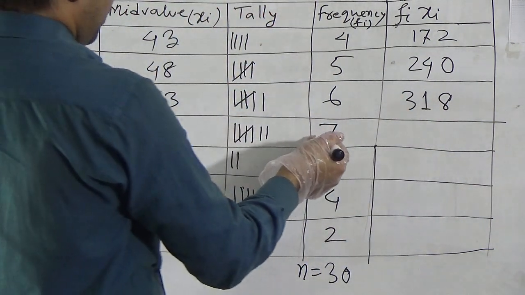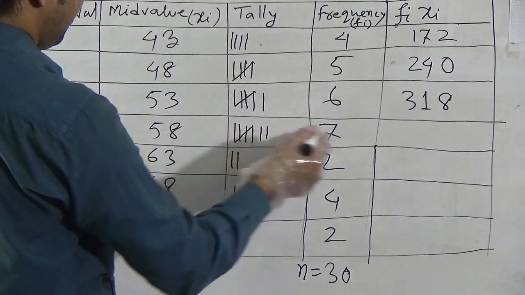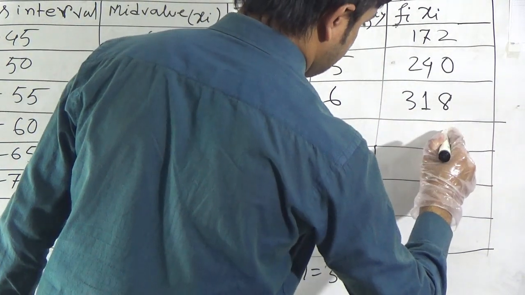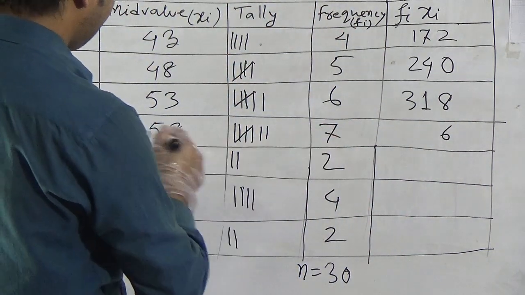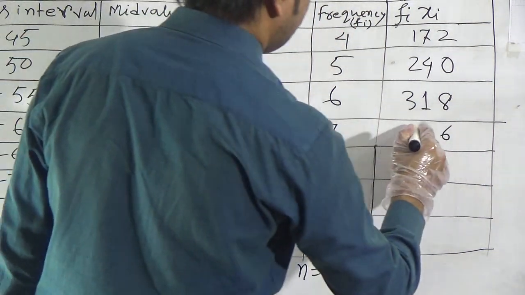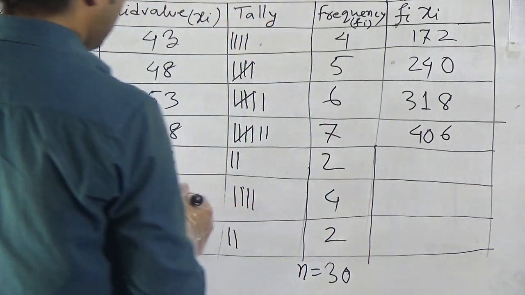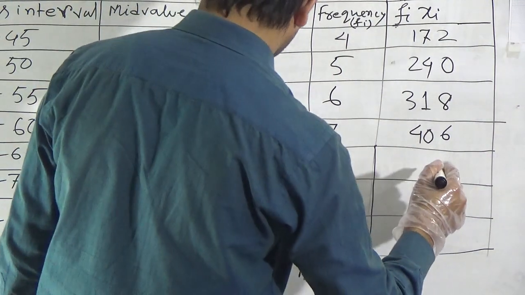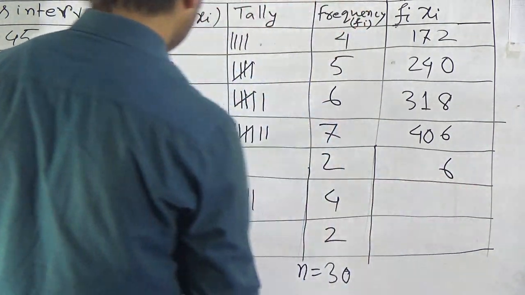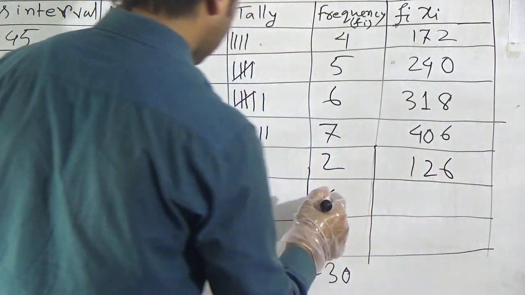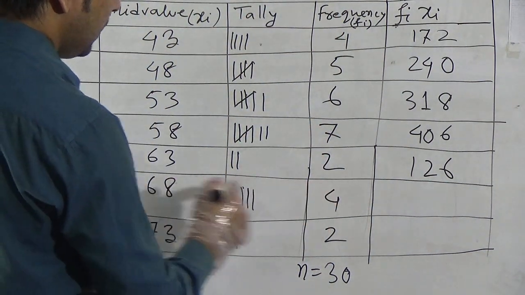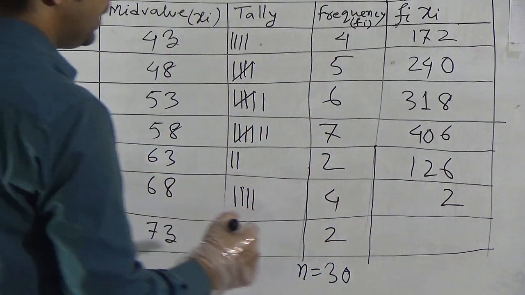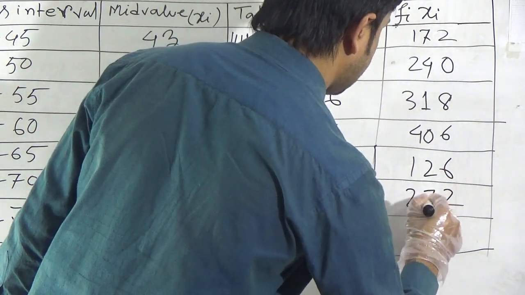Now we have to multiply 58 by 7: 7 8s are 56, 6, 5 left, 7 5s are 35 and 5, that is 40. Now multiply 63 by 2: 2 3s are 6, 2 6s are 12. Now multiply 68 by 4: 4 8s are 32, 3 left, 4 6s are 24 and 3, 27.